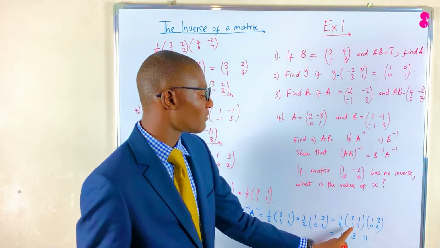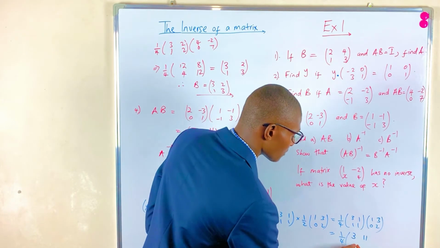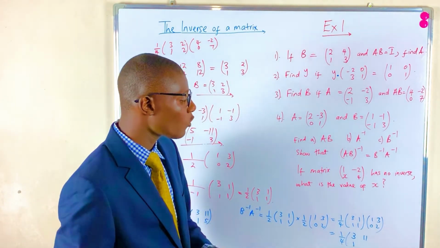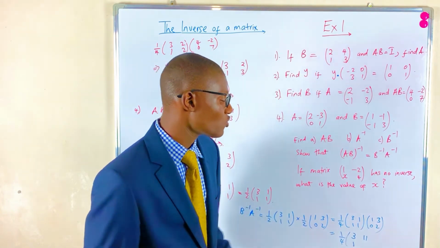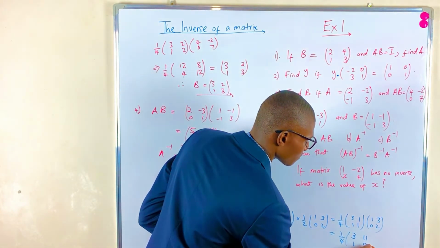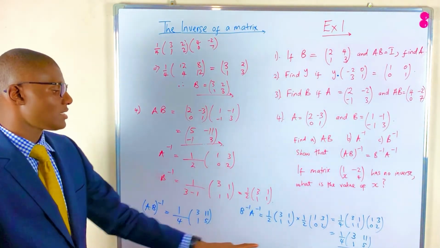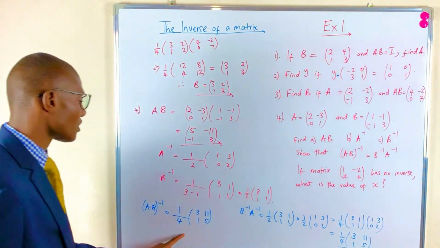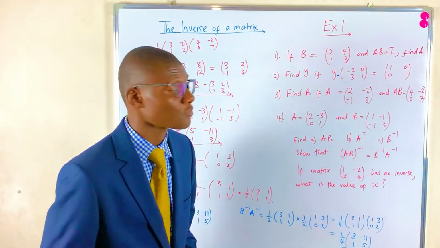The third element, 1 times 1, that's 1, plus 1 times 0, that's a 1. Then the fourth element, 1 times 3, that's a 3, plus 1 times 2, to give us a 5. So as you can see, this is the same result as this. So we've proven that this is true.